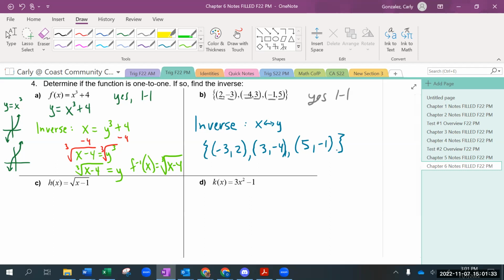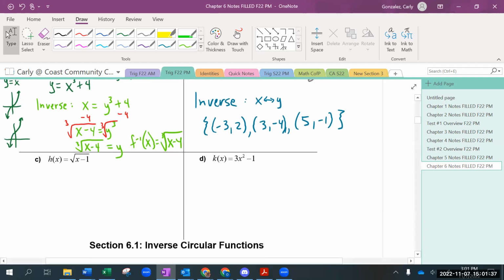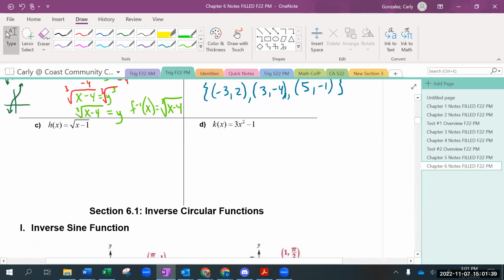Okay, so for C, if we happen to know the shape of this graph, which is if we knew that y equals square root of x is actually half of a parabola on its side opening up, then we could determine that the square root of x minus 1 will just shift 1 unit to the right.